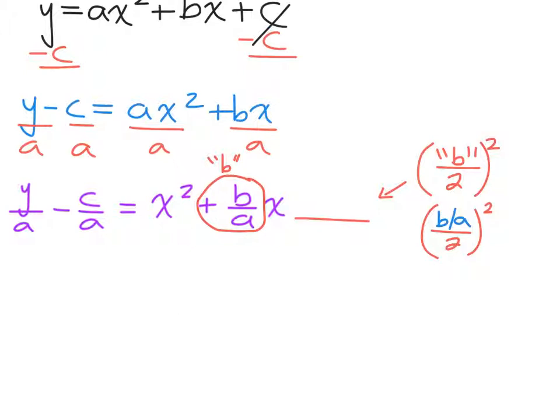For this part you might want to take yourself back to middle school a little bit. Sometimes I do this just to get the thinking right. If I'm taking b over a and dividing it by 2, I might use the actual division symbol that we for some reason never use anymore. When I look at it this way, I think keep, change, and flip, in which case I get b over 2a.